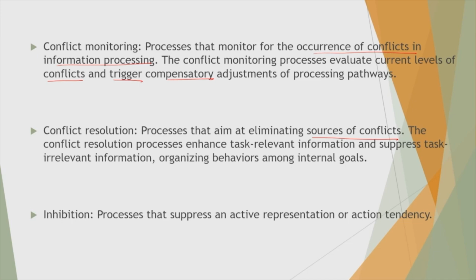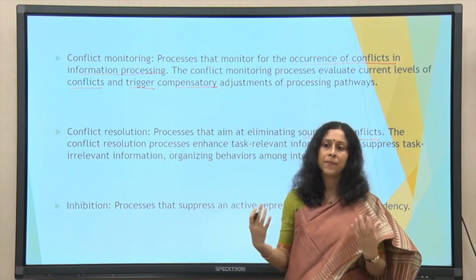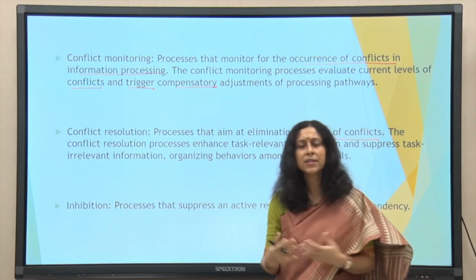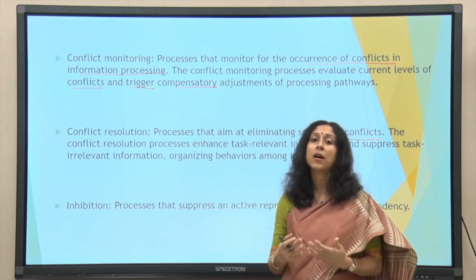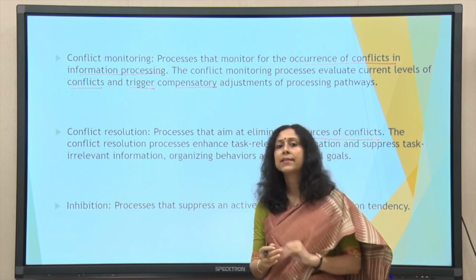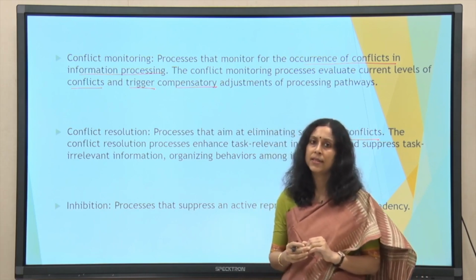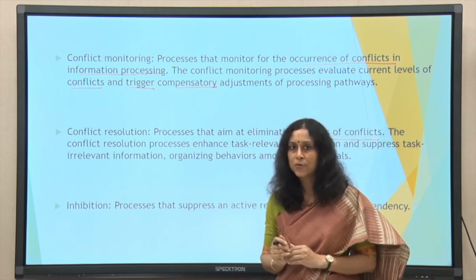Some stimuli might be more salient, more visible, more important on the surface. However, they are not part of your goal at that moment. Hence, you have to suppress that particular aspect of the scenario and focus your attention on the one that is directly related to the goal.